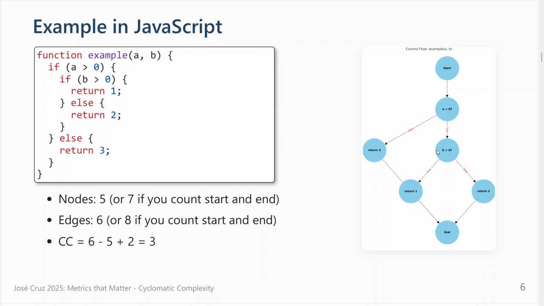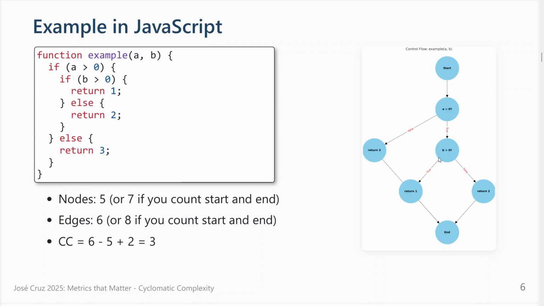I'm showing you 2 ways to do it. Usually you can target this 5 because it's your code: 1, 2, 3, 4, 5. But most of the time, some tools will give you 7. They will count the start and the end, and it's quite common to see this. When you are counting the edges, you follow the same logic. You have an edge here, and you have the edges from these returns to the end. Usually you should have almost all the time more edges than nodes.